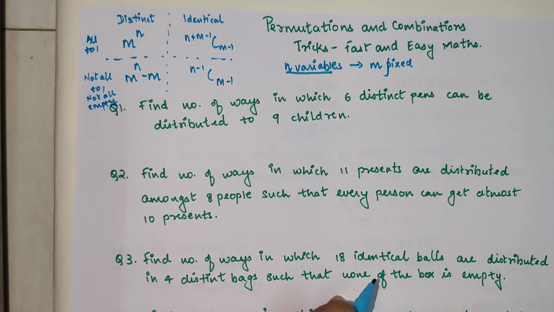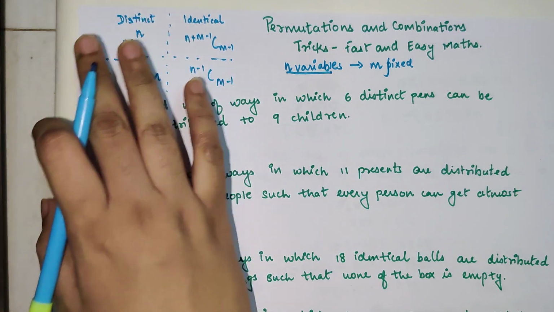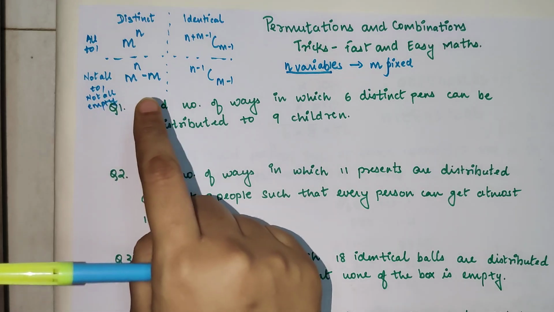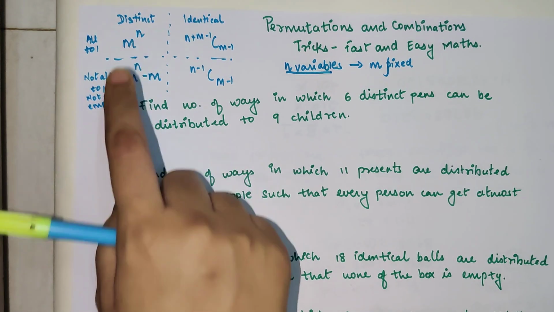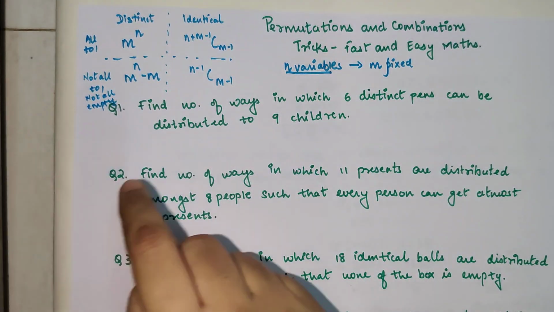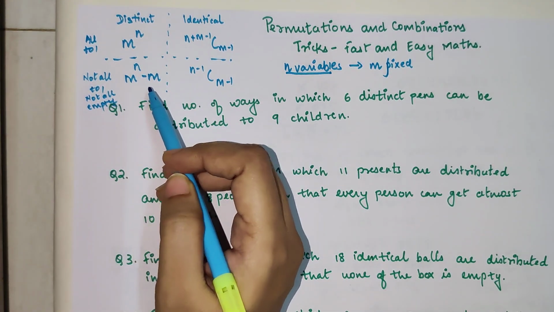Let's just quickly revise. If the variables given are distinct, and you have the possibility of giving all of them to one entity, you use the formula m raised to n. If the n variables are distinct but you cannot give all of them to one, the formula you use is m raised to n minus m.